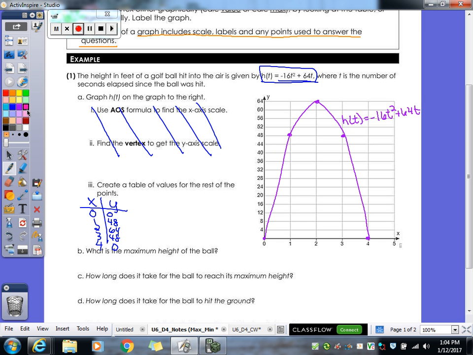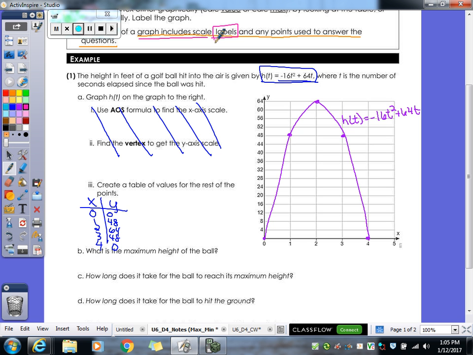So if we take our look at our list up here again, it says the graph needs to include a scale, which ours already had the scale on it. Your x and your y axes already had your scale there. We need to include labels, so that's what we're missing. We've got to label our x and our y axes.